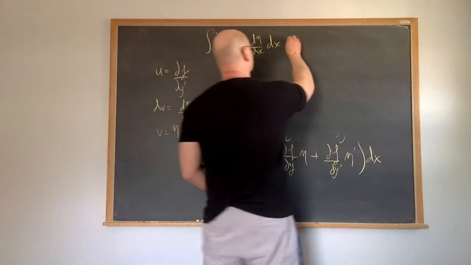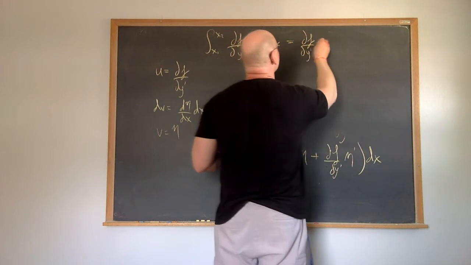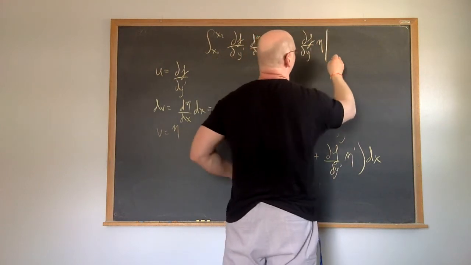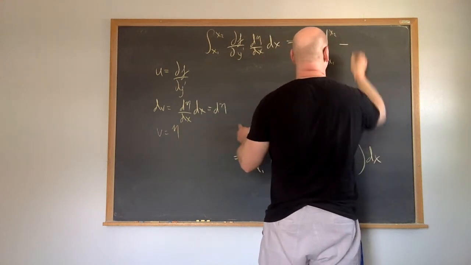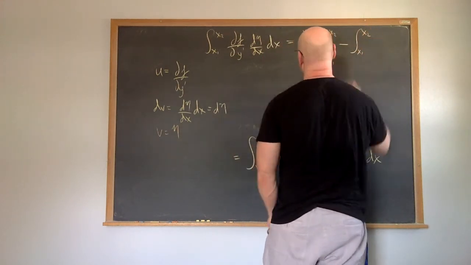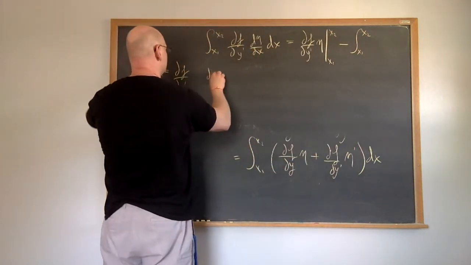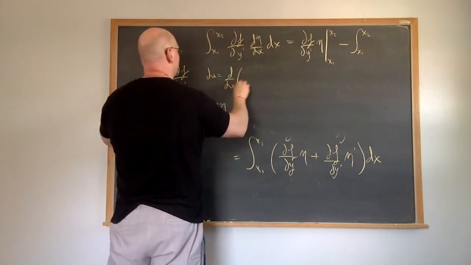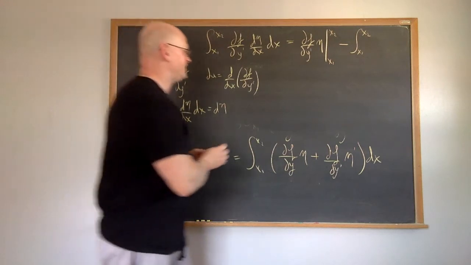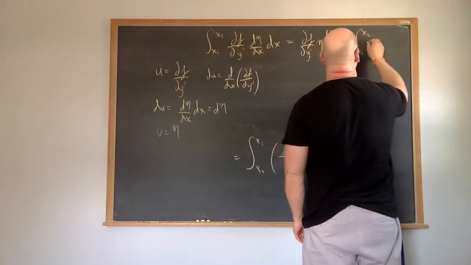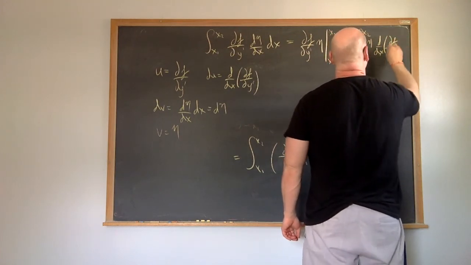So this is then equal to u times v, so it's going to be the partial of f with respect to y prime, times simply eta, evaluated from x1 to x2, minus the integral x1 to x2 of, so now we're going to get what? du, so du is going to be d dx of partial of f with respect to y prime, times v. So this is going to be the same thing as eta times d dx of partial of f with respect to y prime, dx.